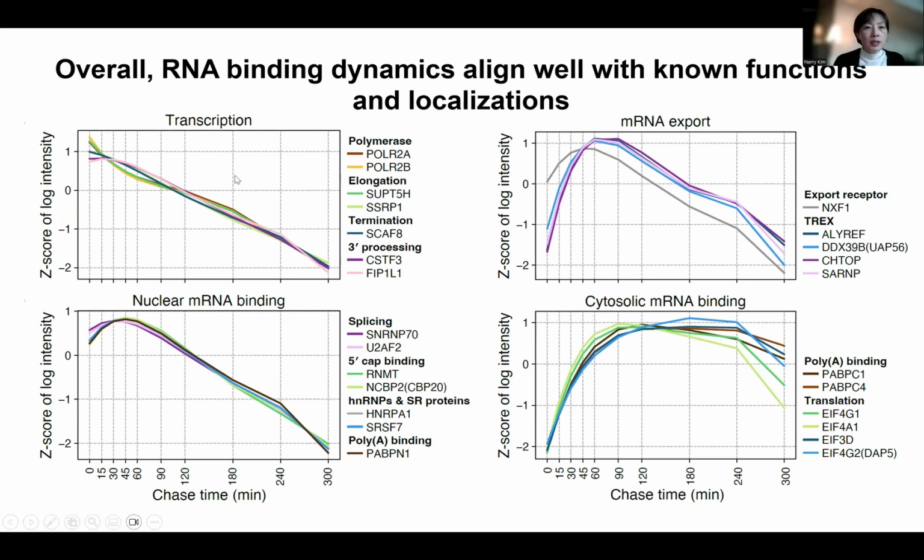So transcription-related and 3' end processing RBPs are detected very early, but nuclear mRNA binding proteins like splicing factors, hnRNPs, and SR proteins are detected slightly later. And that is followed by mRNA export factors and cytosolic mRNA binders.